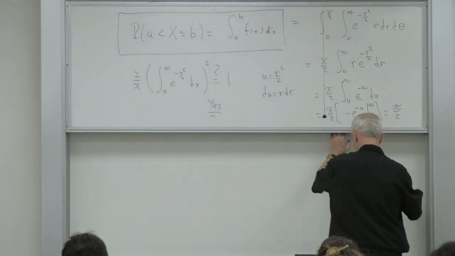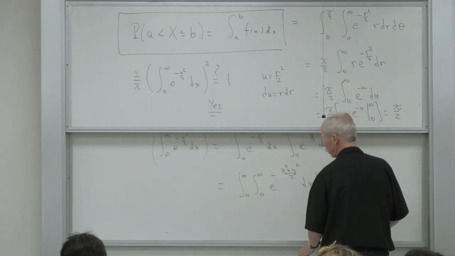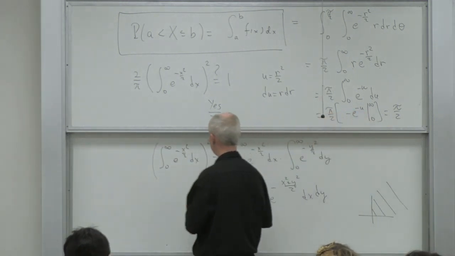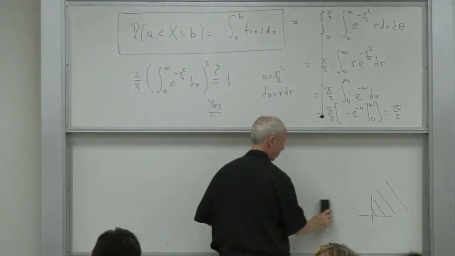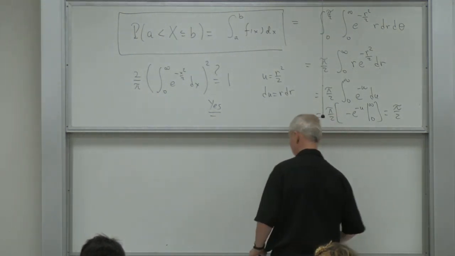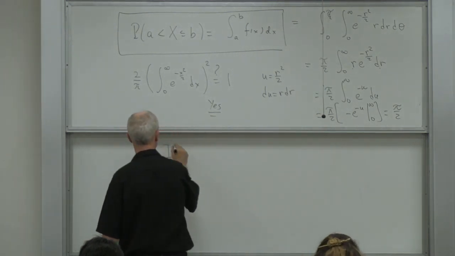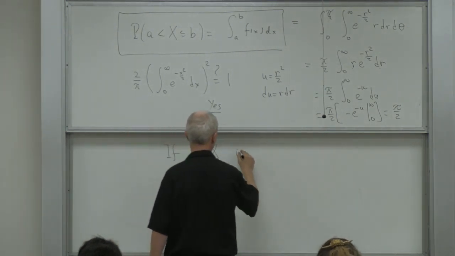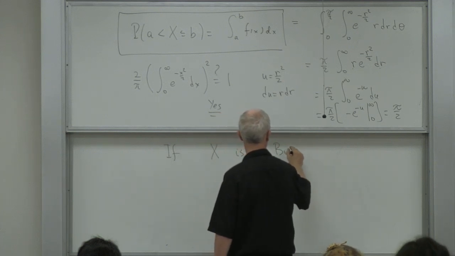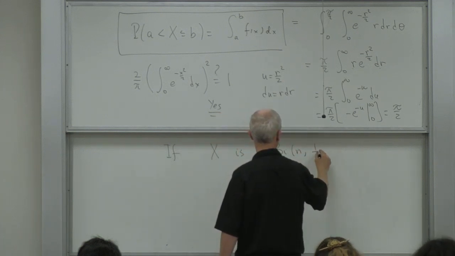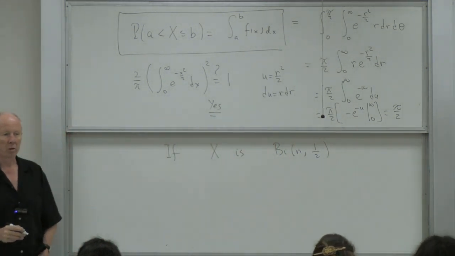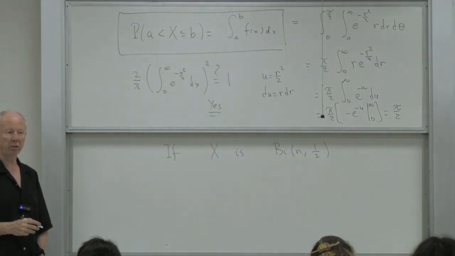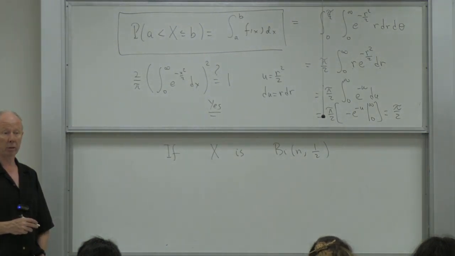And one preview. If x is a binomial random variable with parameters n and a half, so it's like tossing a coin n times, and you're counting how many heads you get.